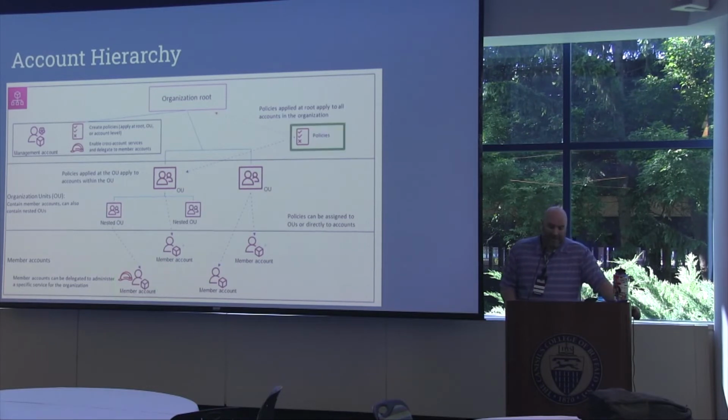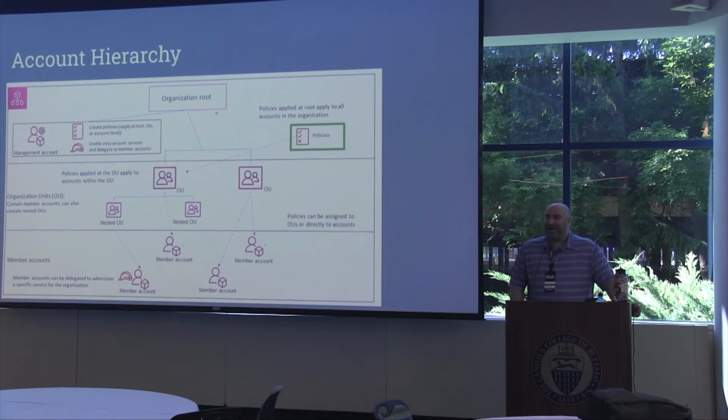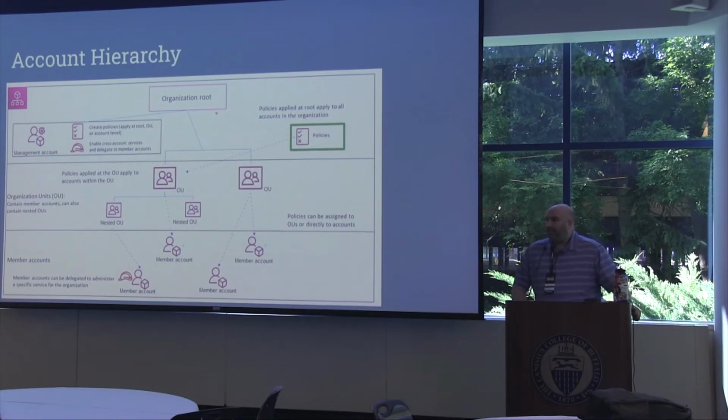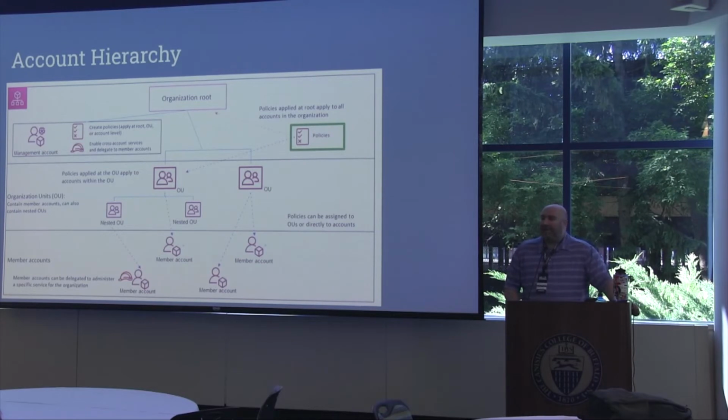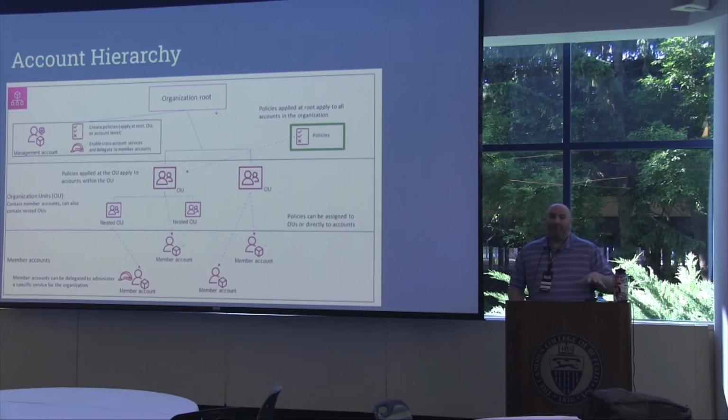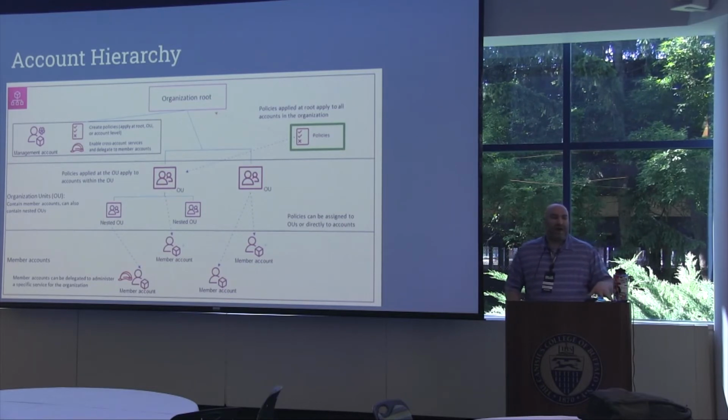And the nice thing about this organizational policy is similar to Active Directory, where group policies can push controls down from the top of the hierarchy. You can apply those same policy statements that we talked about before at the organizational root, and they will cascade down to all of the member accounts and OUs within the hierarchy.